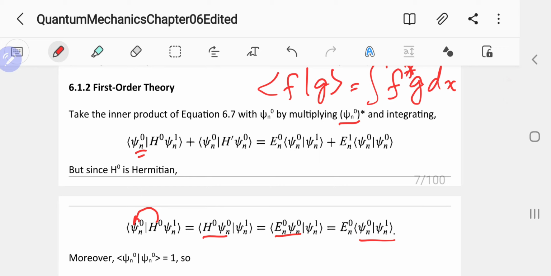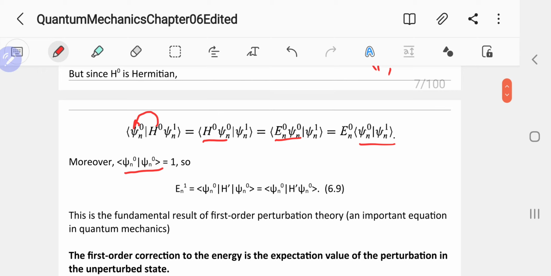And as you can see also, when you get the inner product of two normalized eigenfunctions, the inner product would just be a Kronecker delta. If you have a different subscript, you have a Kronecker delta. But if you have the same subscript, of course, the Kronecker delta will turn to 1. So this is just equal to 1.